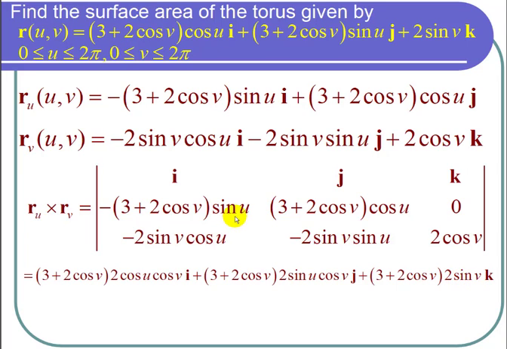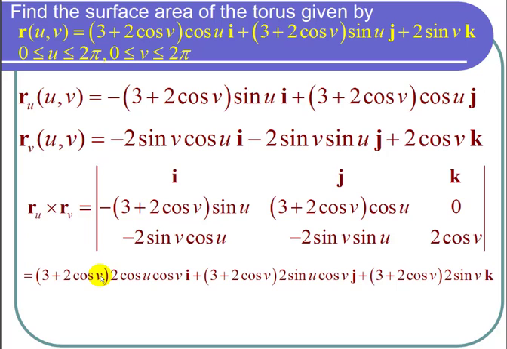And that has to do with the fact that 2 sine of v times sine squared of u plus 2 sine of v times cosine squared of u, the sine squareds and the cosine squareds drop out and become a 1, and that just gives you the 2 sine of v times k.